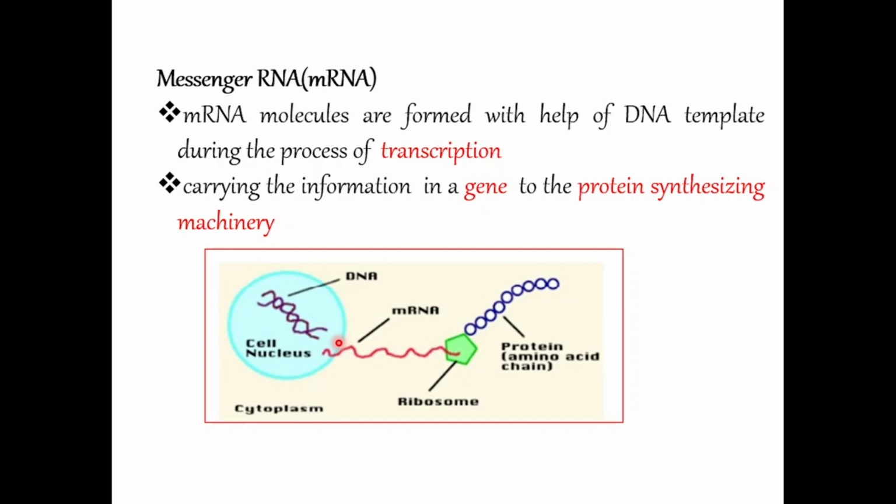You know that messenger RNA is formed upon a DNA template. Suppose this is a nucleus. The nucleus is found in the cytoplasm. In the nucleus, replication of DNA is carried out. You can see my video of DNA replication. After replication, transcription will begin.